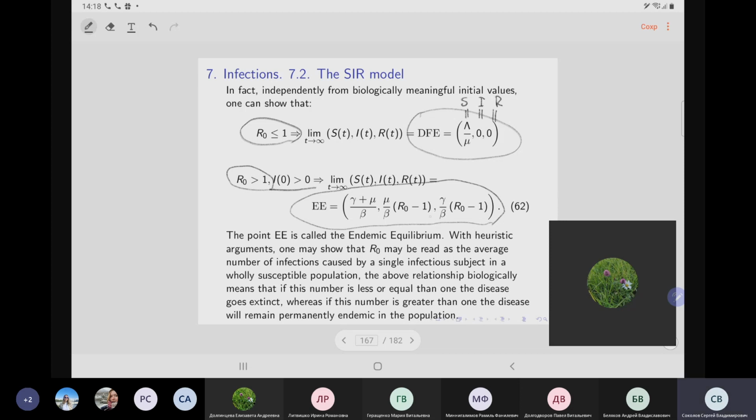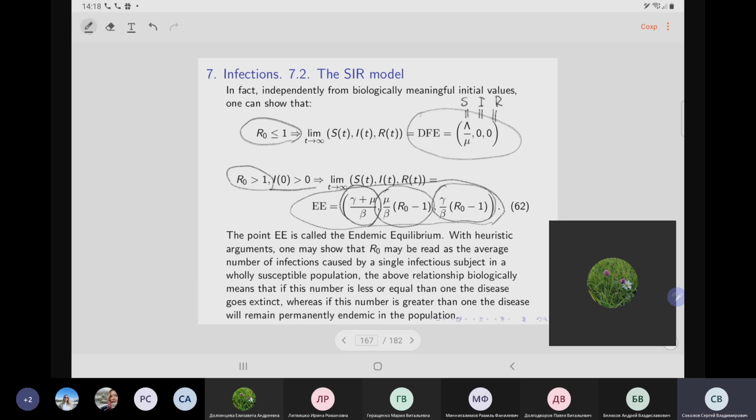So there will be some number of infected at every time, some number of recovered at the same time, and some number of susceptible. And we see that there are some diseases that circulate through the population, and we can expect that they will remain forever.